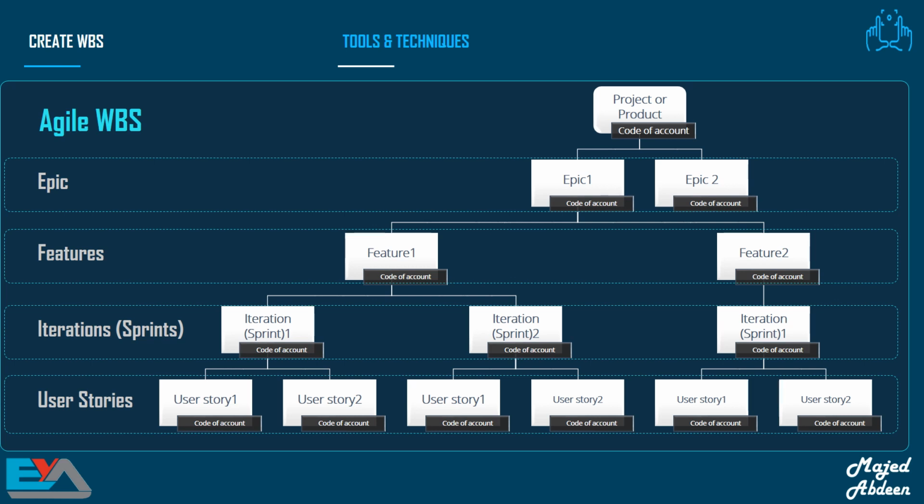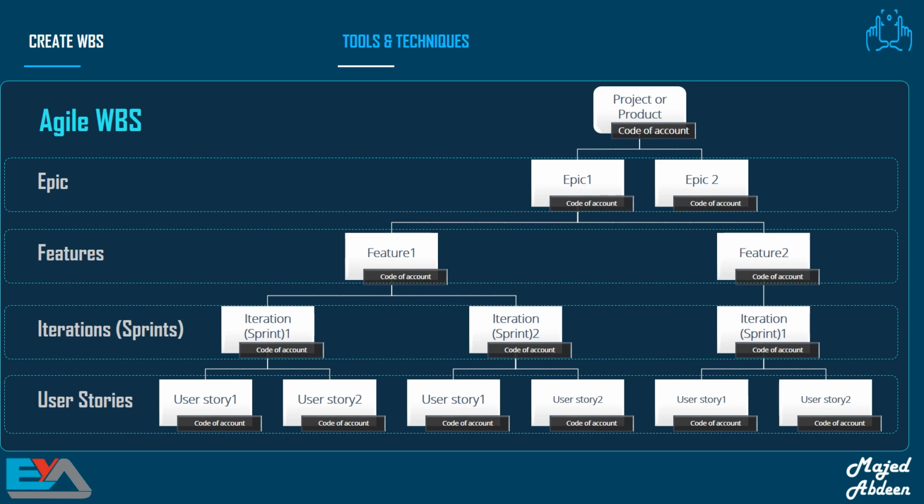On the second level, we use epics, then features, then iterations or sprints, then the last level represents the user stories. Another agile WBS approach we can use starts with a project or product name, then releases, then the next level is features, then iterations or sprints, and the last level is always user stories.